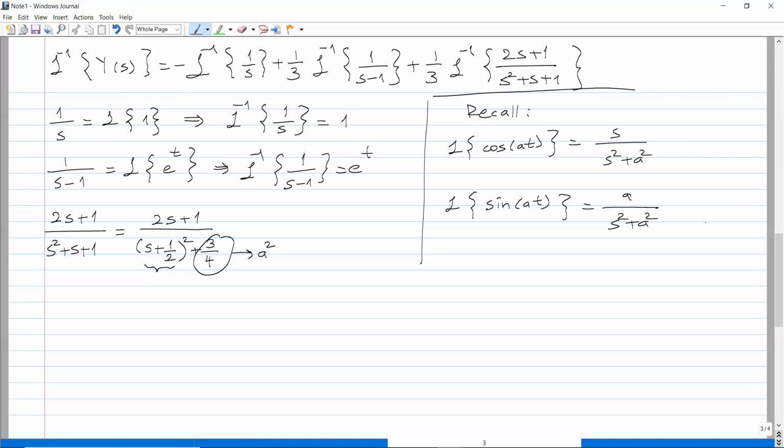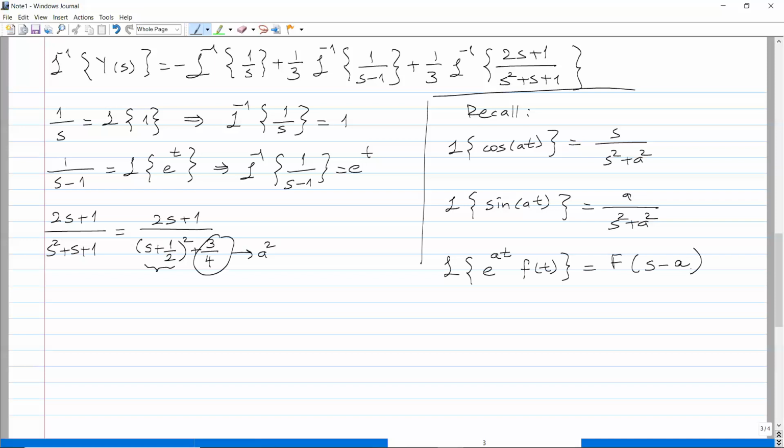So when do we get, instead of s, a translate? Instead of s, we get s minus a. If you remember this, if you multiply a function with the exponential function, e to the at, its Laplace transform is going to be the Laplace transform of f, but we translate s by a.